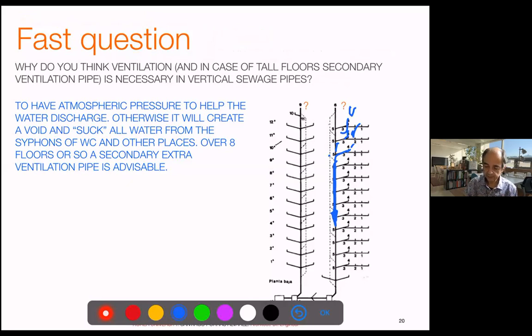So you need to make sure atmospheric pressure will help the air going down, the water, and it will not just suck the water traps of the upper floors. The larger the building, the more important it is. And usually the secondary is used over 8 floors, right? And they always, even for only 1 floor, we put the ventilation to the roof so the water will not suck.